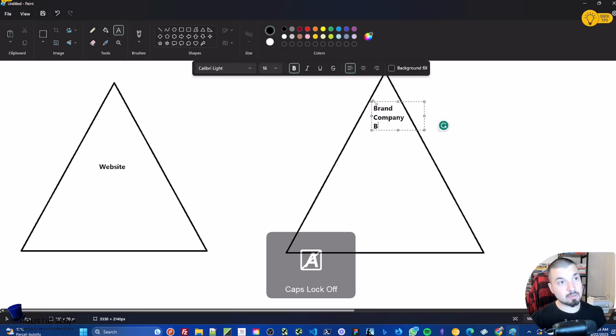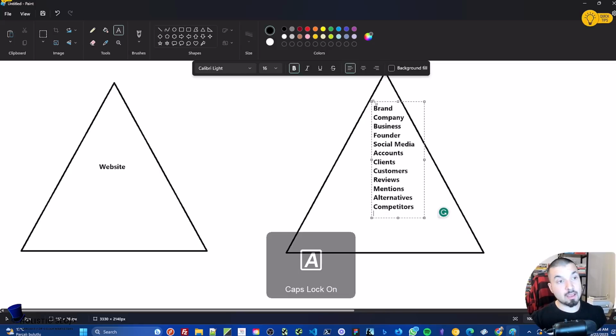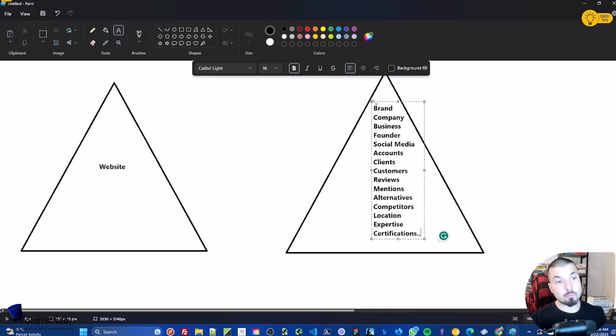Then let's say the company, the business, your founder, your social media accounts, the clients, customers, reviews, mentions, and also your alternatives and competitors, and all the generic queries, or even your location, your expertise, certifications, or any kinds of attributes related to your topic, your location, your industry, your founders or co-founders, CEOs.